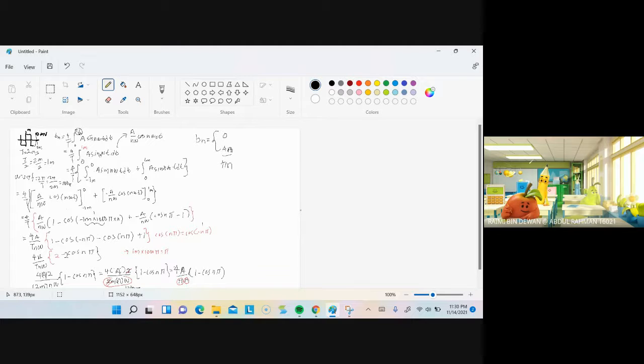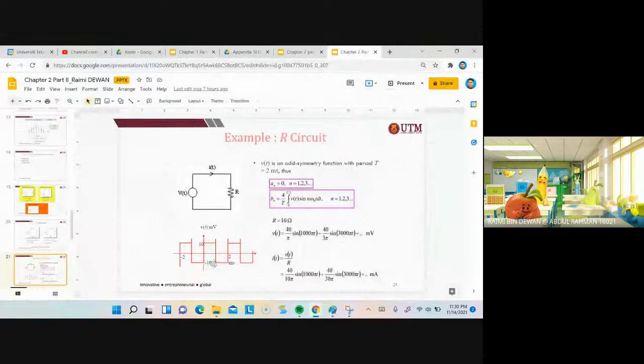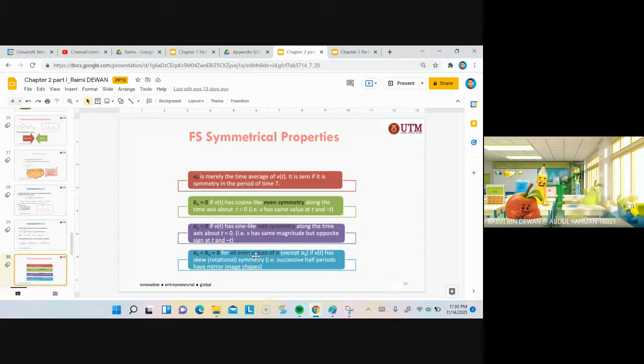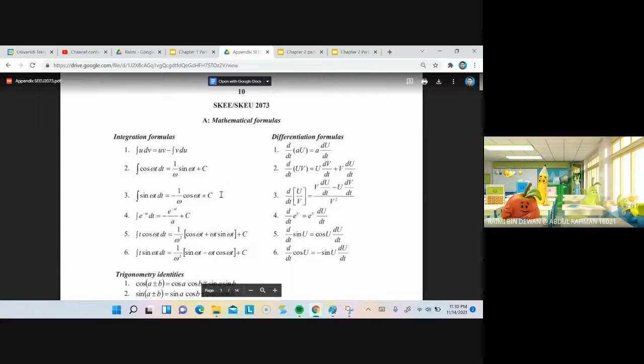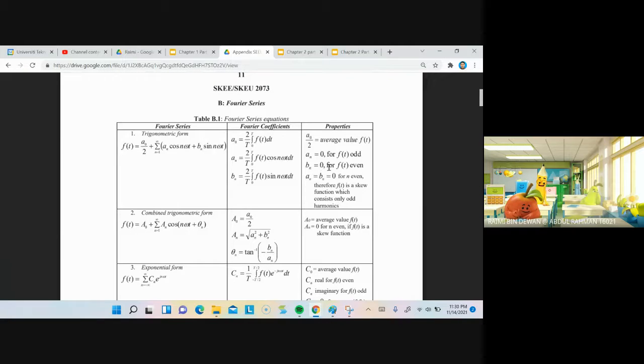If you see the question, this one is what symmetry? This one is sine symmetry, right? What happened to sine symmetry? Go to the appendix. For even numbers, bn is 0. So b2, b4, b6 are 0, but it is not 0 for the odd numbers, b1, b3, b5.